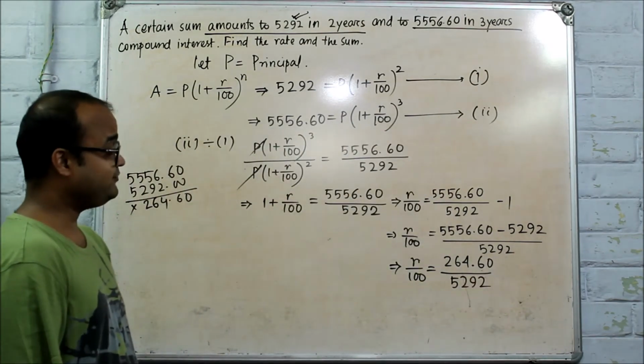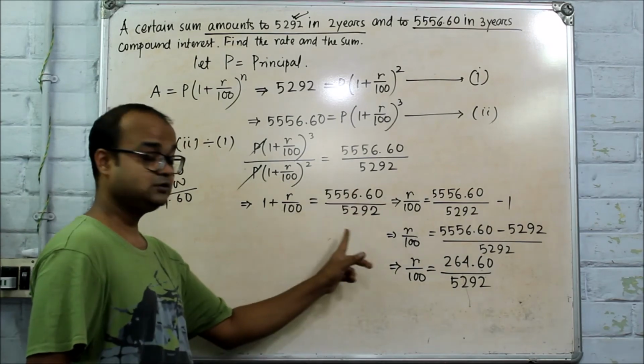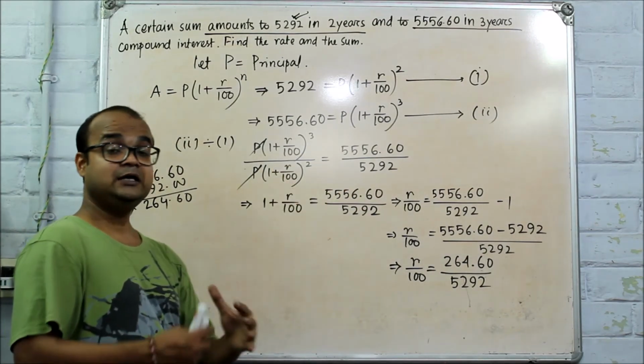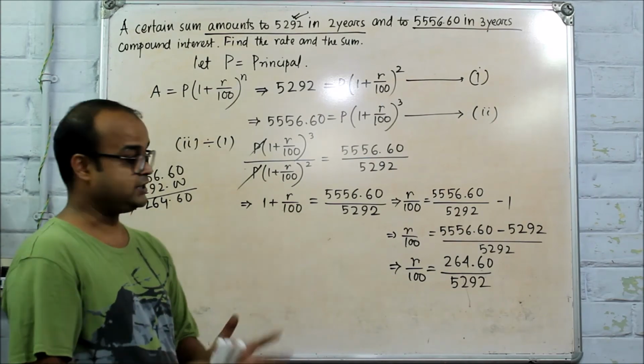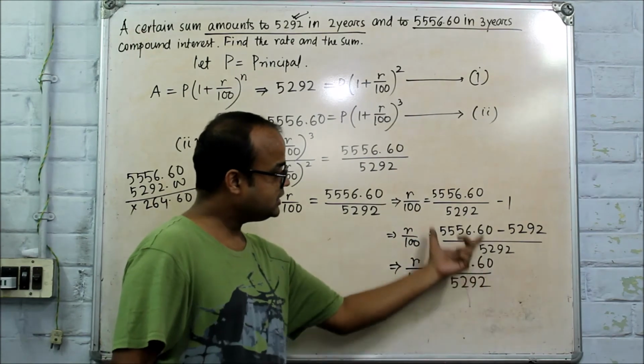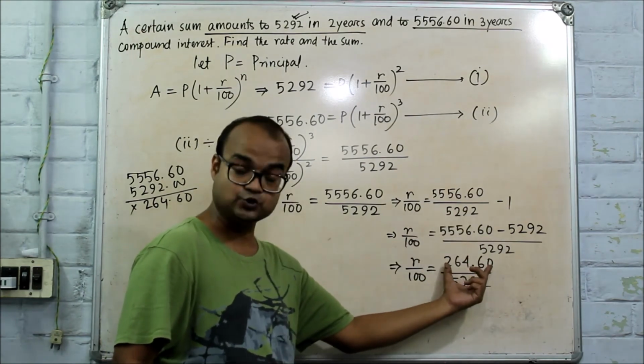Now see, if I cancel the common terms here, unnecessarily my time will be wasted in calculating. That's why I first keep this -1 there. So see, now numerator gets reduced.